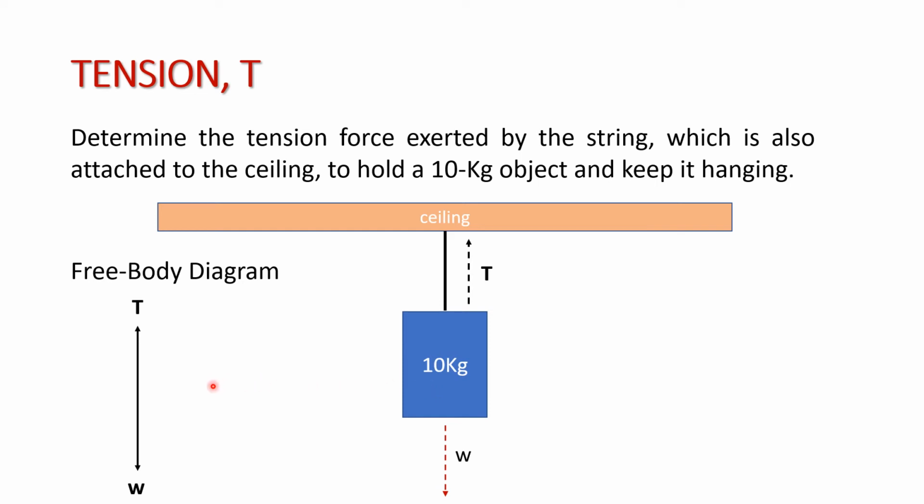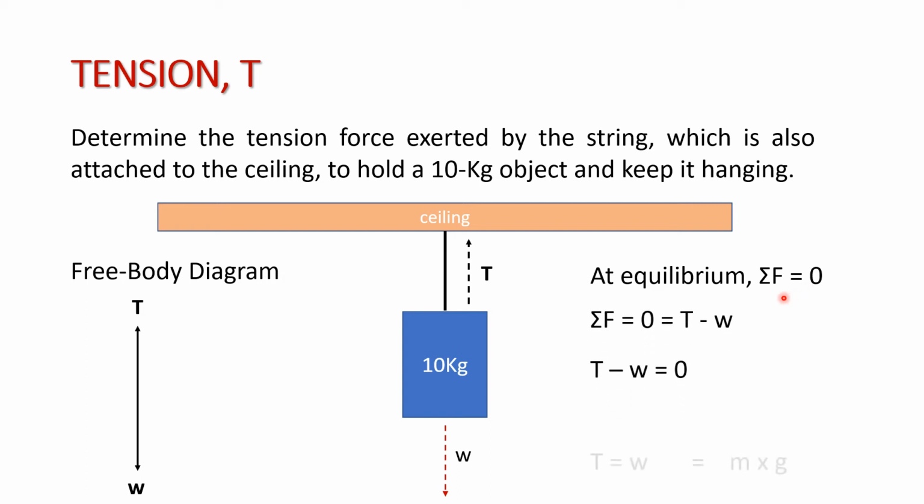Using the same free body diagram, we have the tension that is going upward and our weight is going downward. The equation would be the sum of all forces or the net force is equal to zero. We only have vertical forces involved, the tension and the weight. Therefore, we can say that tension is equal to weight, like what we've discussed previously.